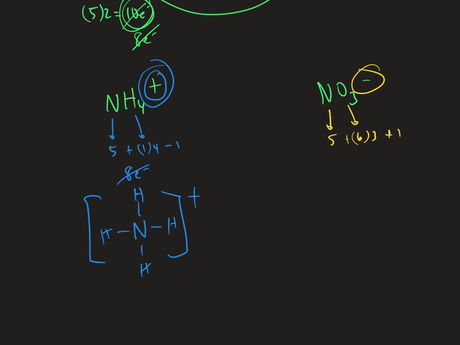And so we have 18 plus 5 is 23, 24. Nitrogen's the central, 3 oxygens, 2, 4, 6. We have 18 left. Am I going too fast? 2, 4, 6, 8, 10, 12, 14, 16, 18. We don't have any more. Are we happy?